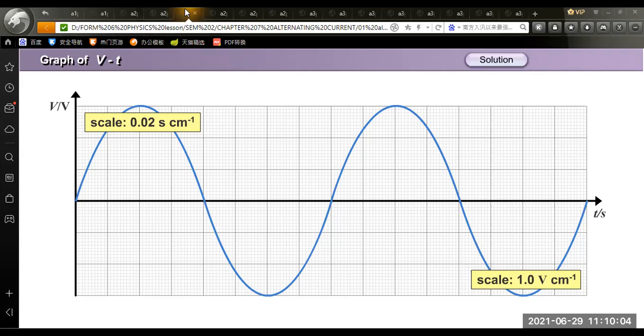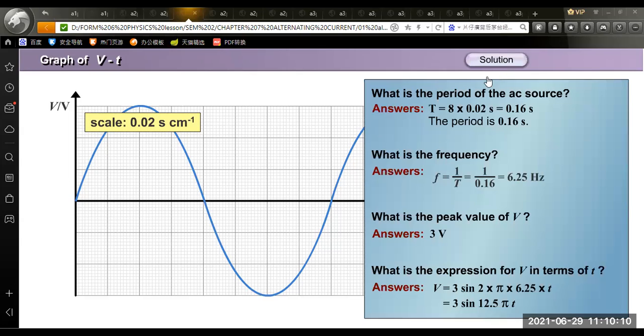Okay, let's look at the V-T graph and how to solve it. We notice the period. What is the period of the oscillation? At 1, 2, 3, 4, 5, 6, 7, 8 cm is one complete oscillation.